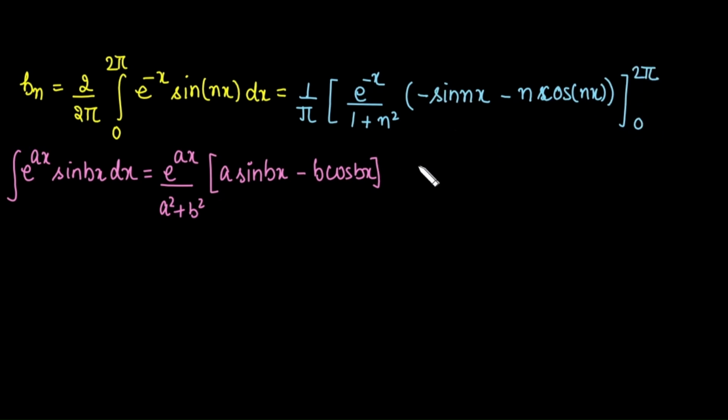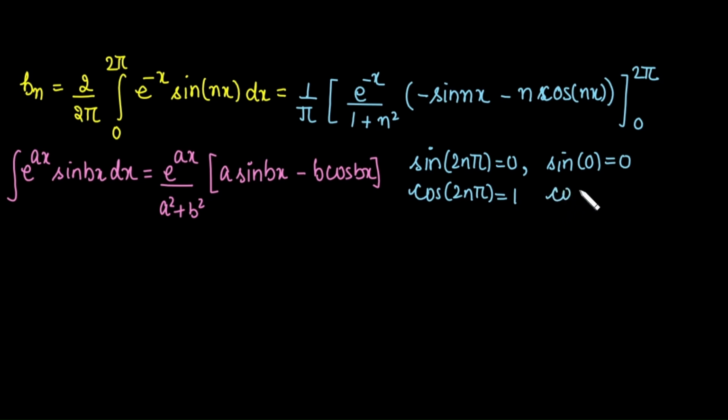Now we have already observed that sine at the upper limit, that is 2n pi, is 0, as well as for the lower limit it is also 0. Whereas cos of 2n pi is equal to 1 and cos of 0 is also 1. So we can use these values over here in order to write the next step. So we can directly write this as equal to 0 and this value is equal to 1.